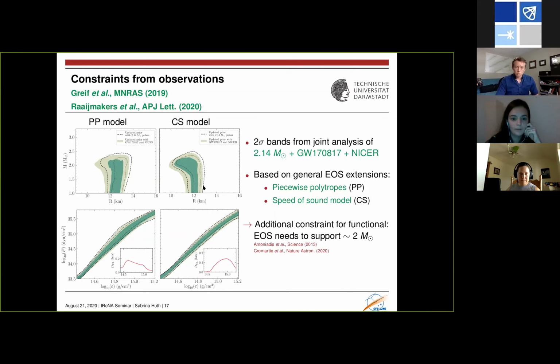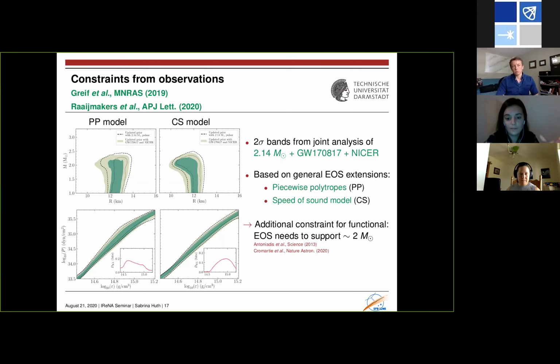And we will use the 2 sigma bands in our study to discard the EOS. So when we generate the EOS, we will just look up if our EOS is consistent with the 2 sigma band from the study. So if the pressure is just within this 2 sigma band, then everything is fine. And if the pressure is, for example, higher, then we will just disregard it.